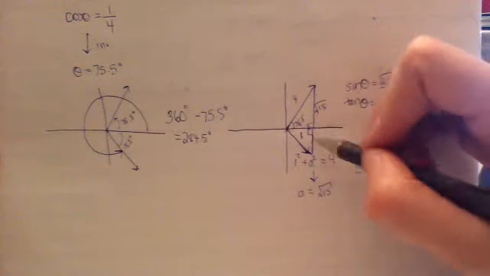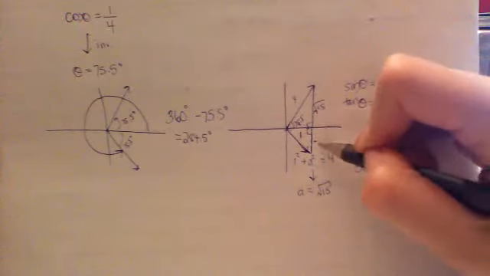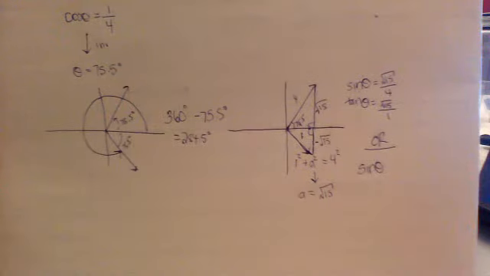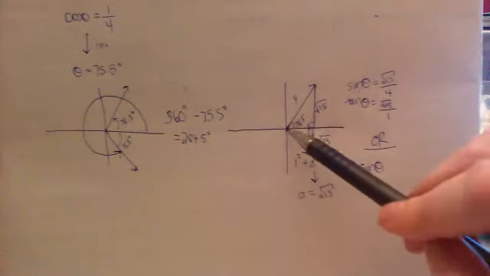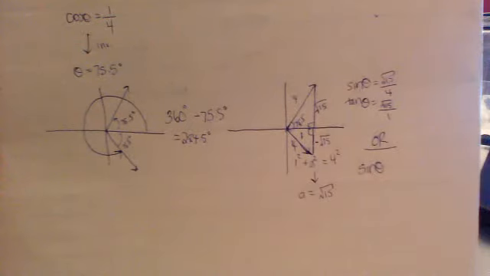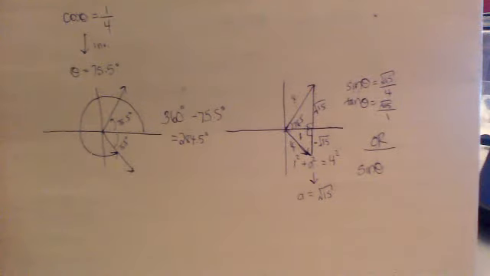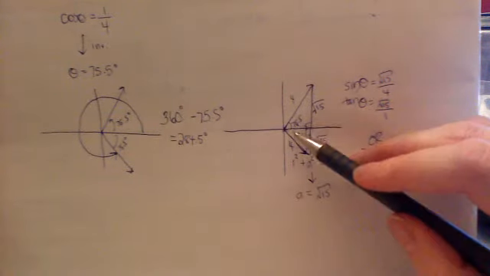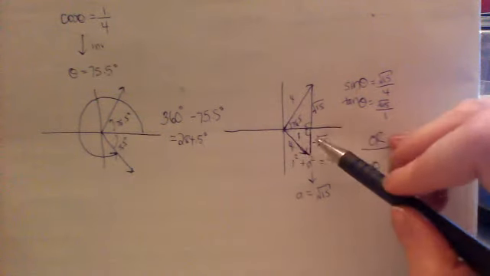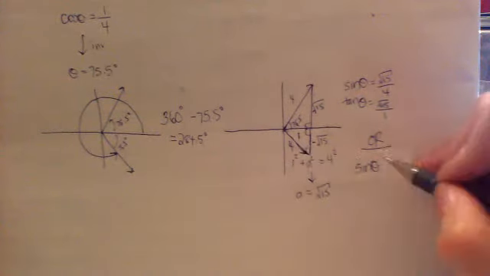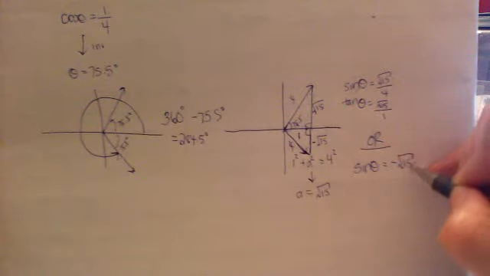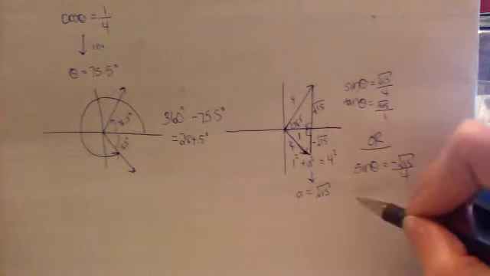And again, think about your measurements. Here, the height of the triangle is going to be negative root 15. This is still 1, and this is still going to be 4. So there's your sketch there. So let's look at this angle here. The sine of theta going all the way around is going to be opposite over hypotenuse, which means it's going to be negative root 15 over 4.